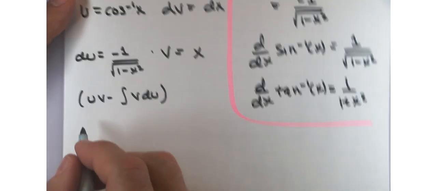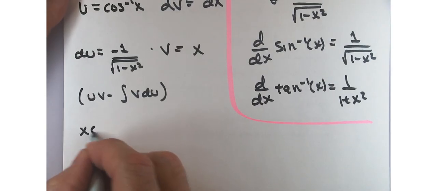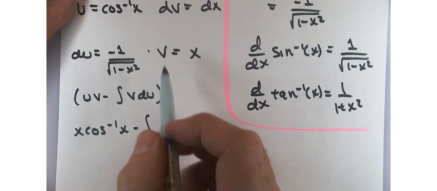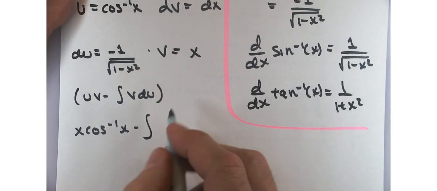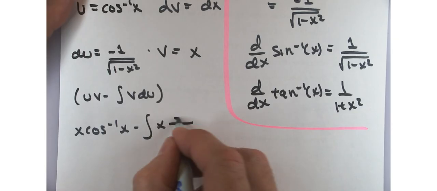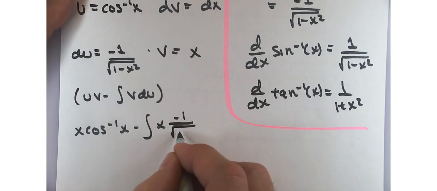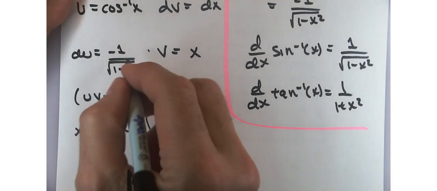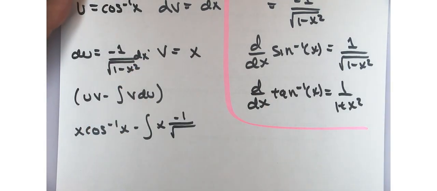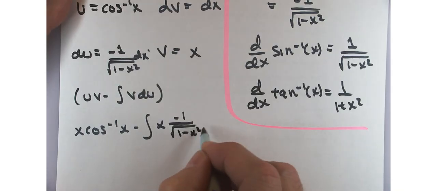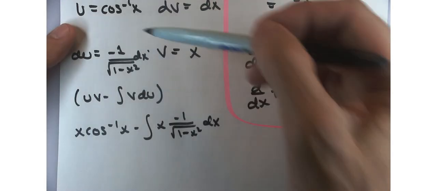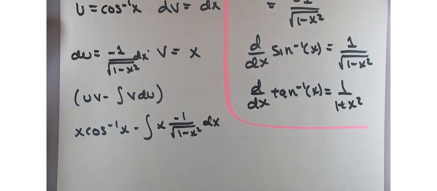I'll write it as x cosine inverse of x minus the integral of v du, x times negative 1 over the square root of 1 minus x squared dx. There's something I forgot: my dx term. You get that dx when you differentiate this and then solve for the differential.